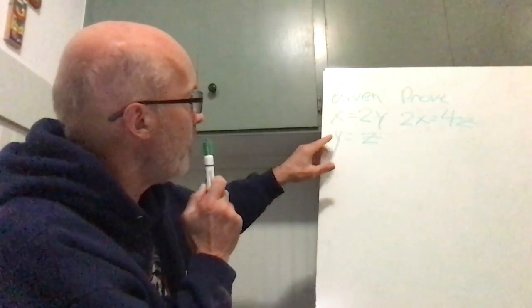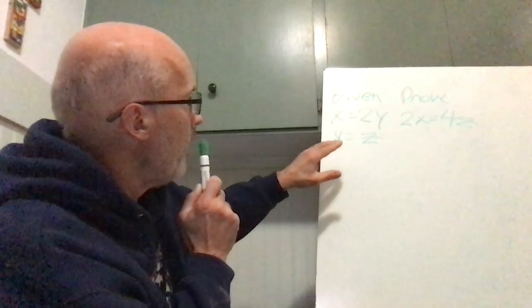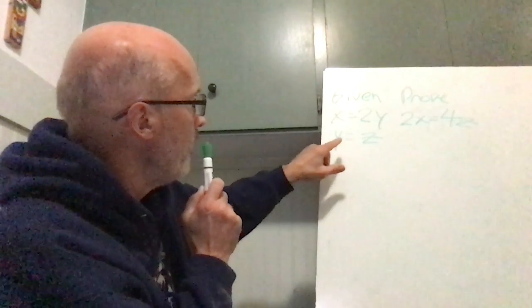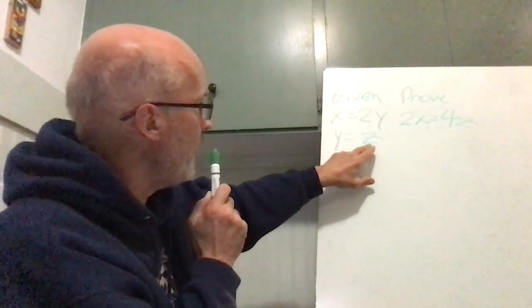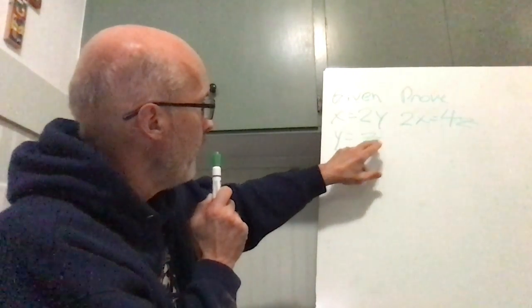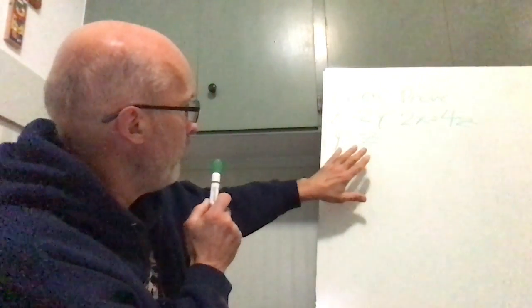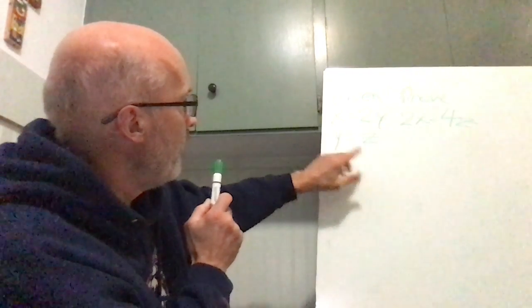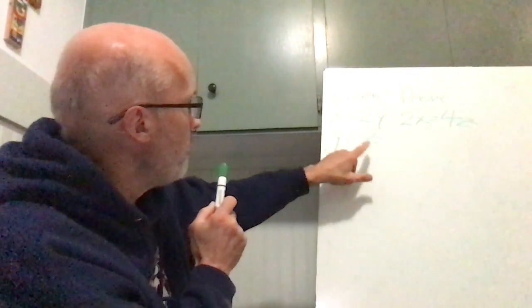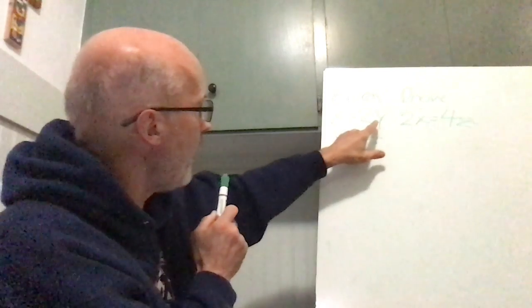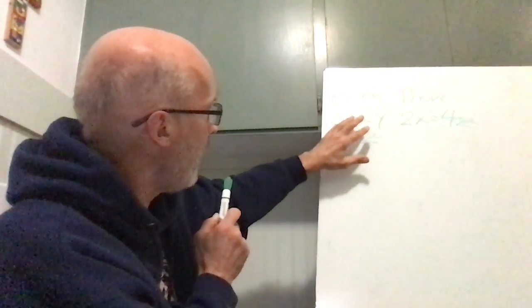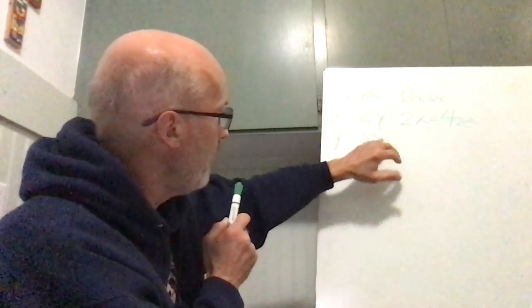So I can see that, okay, there's a y equals z here. I'm going to eventually want x equals z. So I've got x, but I see that I can stick in, instead of y here, z. Then I get x equals 2z.